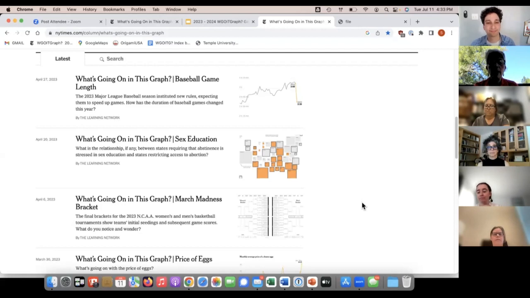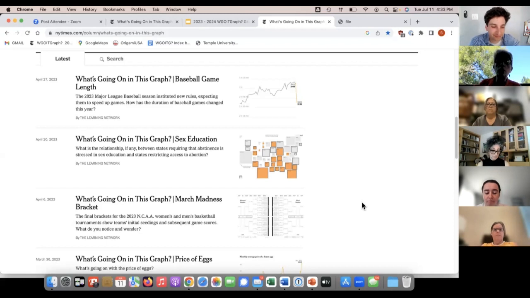And if there's a particular week that you feel the graph is inappropriate, then you have two options. You can just wait till the next week, because I guarantee the next graph will be a different kind of graph, a different topic, and a different level of difficulty. And the second thing is you can go into the archives and pick something else.